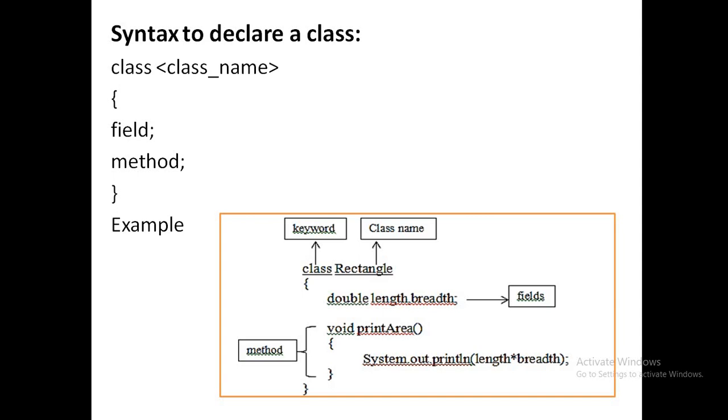Then we have a function, print area, which is to print the area of the rectangle. And the class name must start with a capital letter.